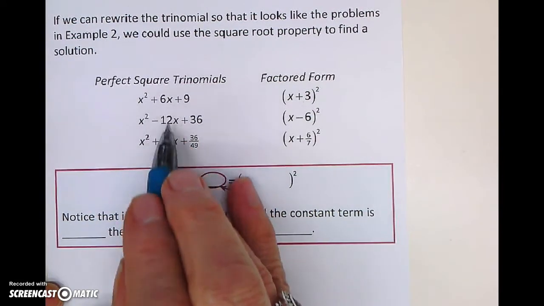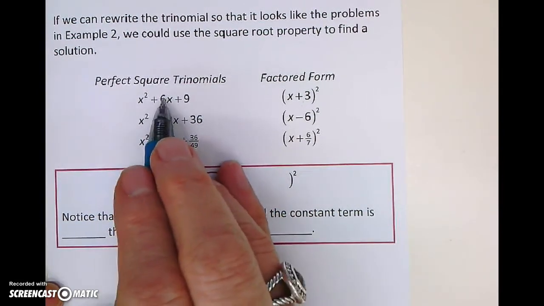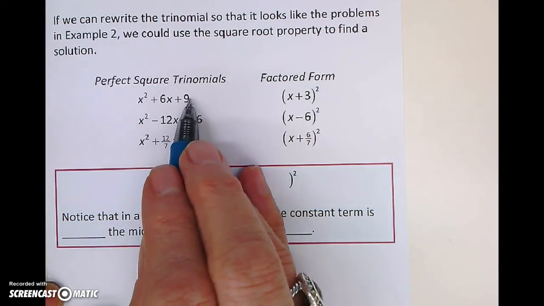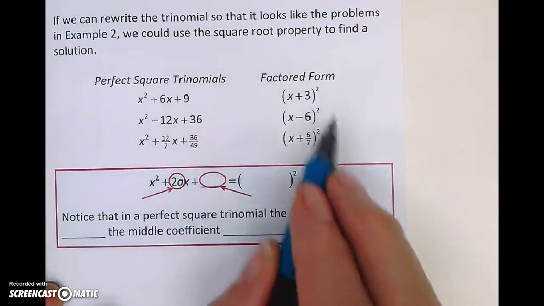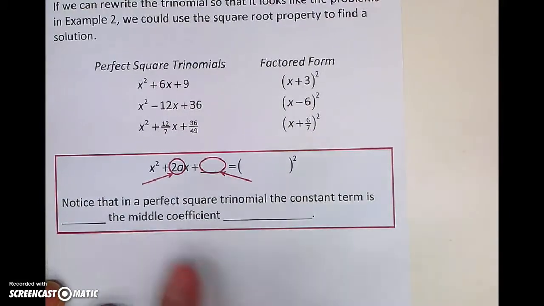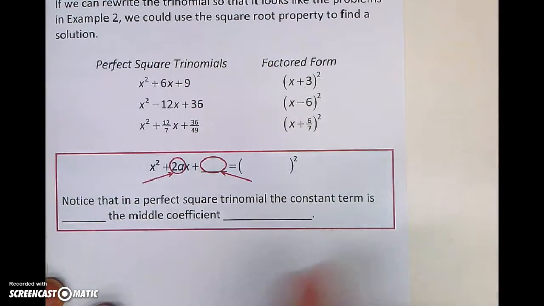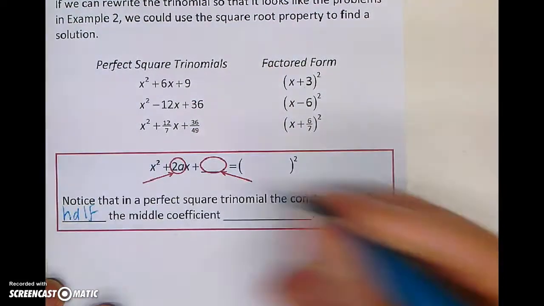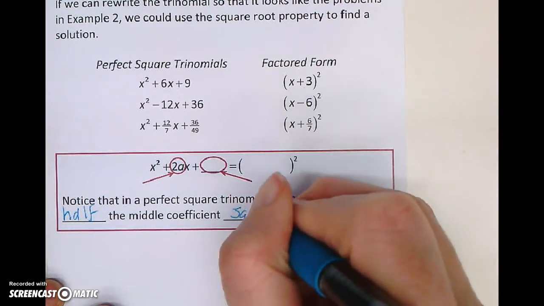So you can see that they all have a pattern where if I divide the middle coefficient by 2 and then square it, I get the last term of this nice factorable trinomial. So notice that in perfect square trinomials, the constant term is half the middle coefficient, squared.